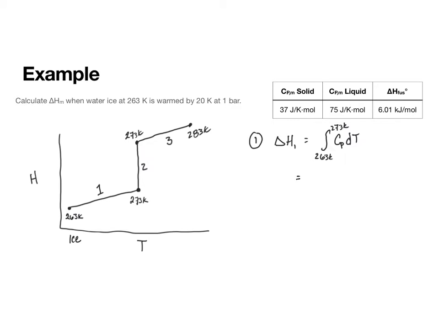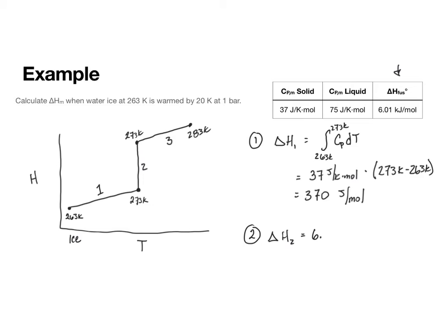And so we have a solid, so we have 37 joules per Kelvin mole times our delta T, which is going to be our 273 Kelvin minus 263 Kelvin, which gives us 370 joules per mole. Now, step 2 is our phase transition, and so delta H2 is going to be equal to our delta H of fusion, or 6.01 kilojoules per mole.